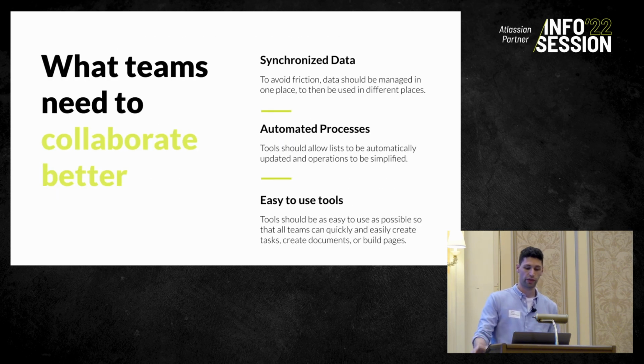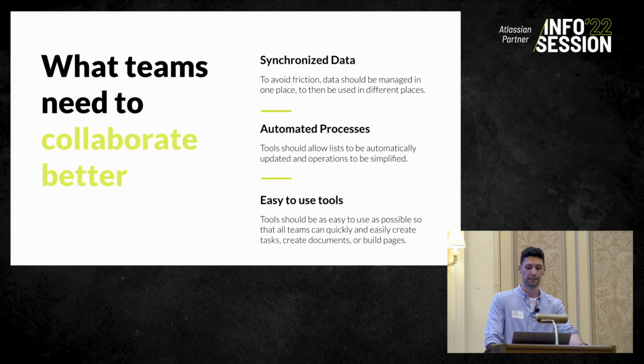So that's why I think there are some important aspects to consider when thinking about collaboration and working on projects with our teams. We need to avoid friction with synchronized data. This is especially important in Confluence Cloud, where teams create endless pages and information. We also need automated processes so we don't need to worry about complex configurations, workarounds, and copy and pasting.